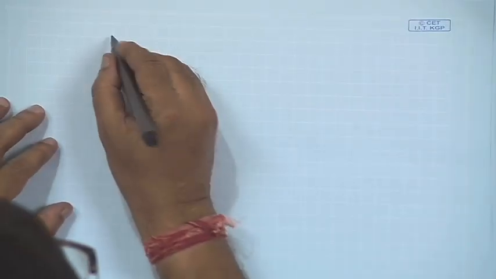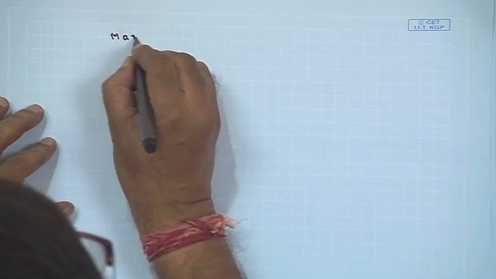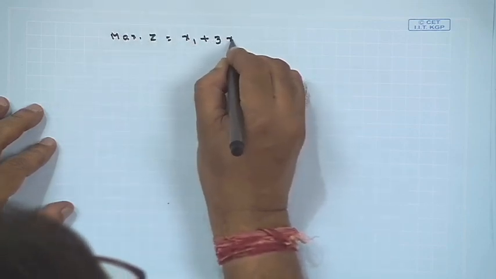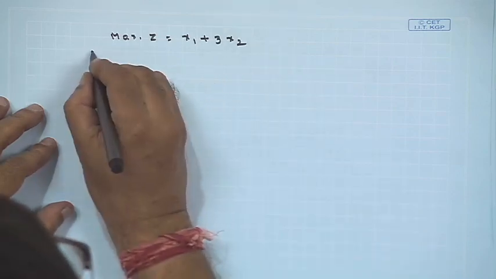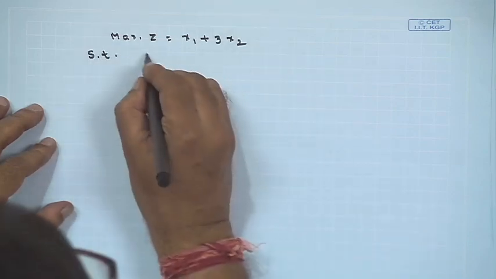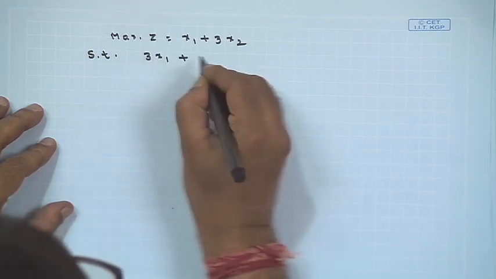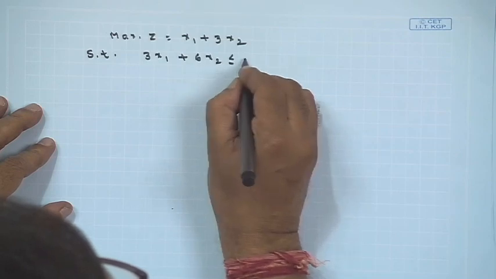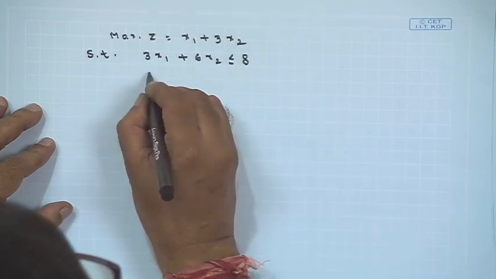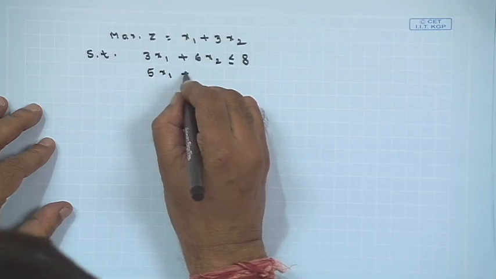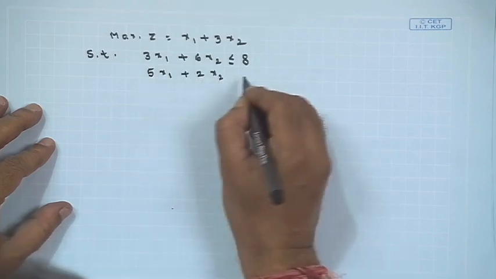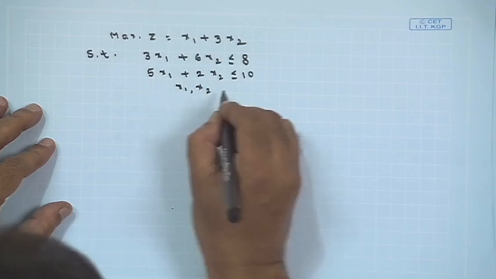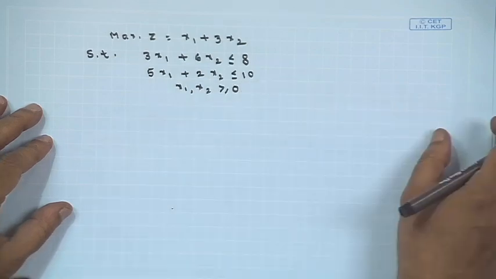Maximize z equals x1 plus 3x2, subject to 3x1 plus 6x2 less than or equal to 8 and 5x1 plus 2x2 less than or equal to 10, x1, x2 greater than or equal to 0.